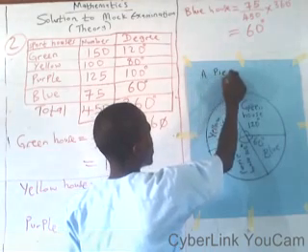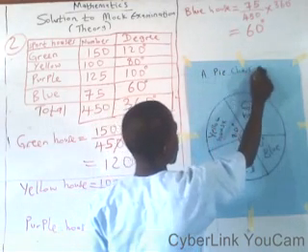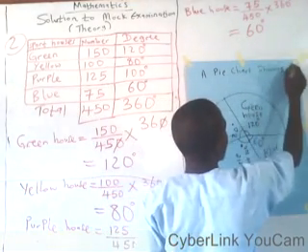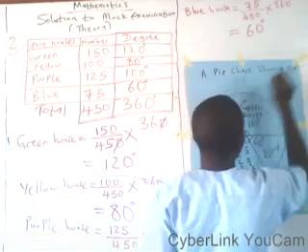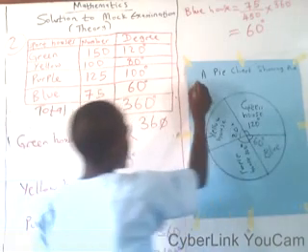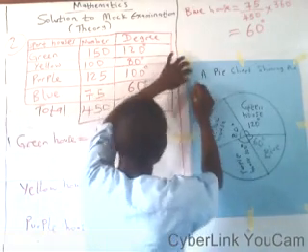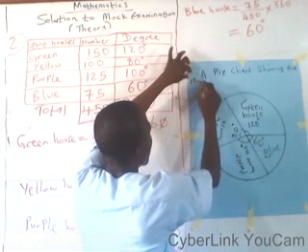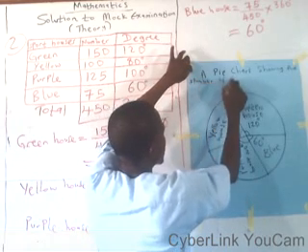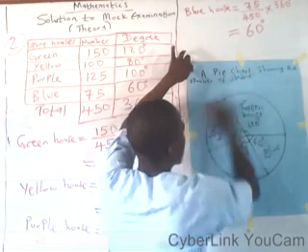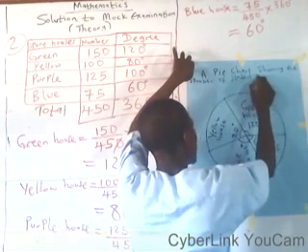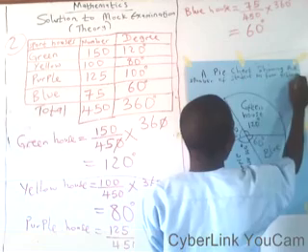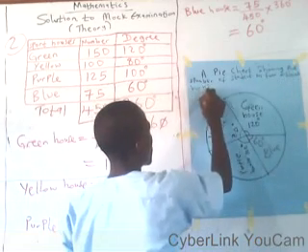A pie chart showing the number of students in 4 different houses.